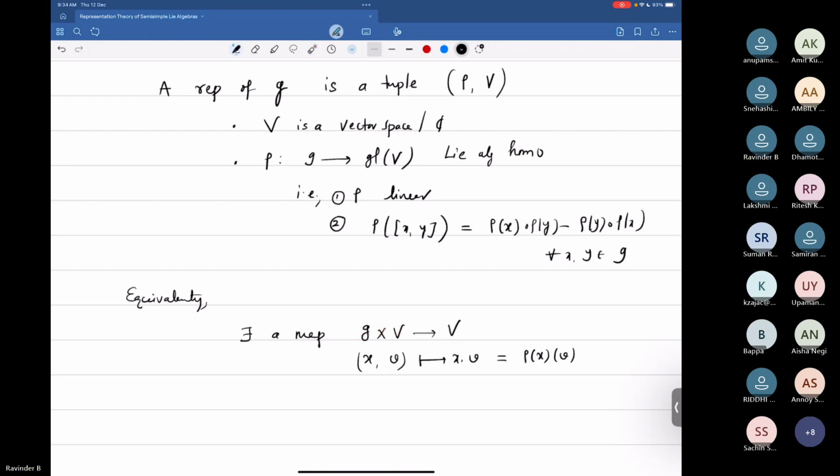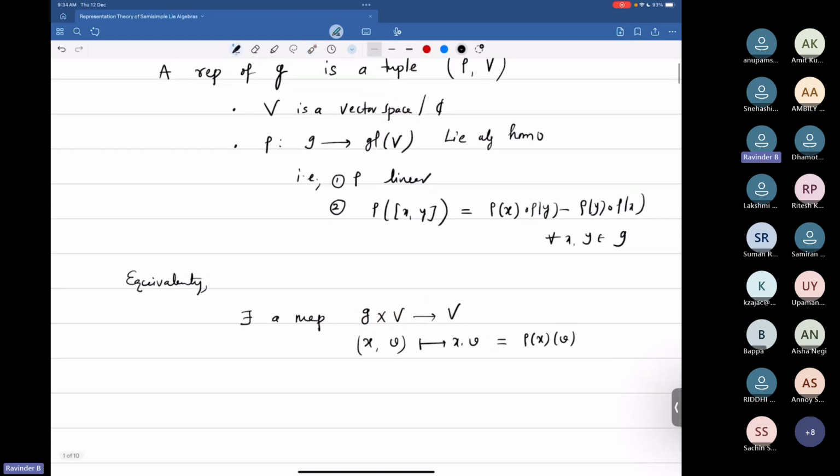The properties equivalent to the properties here are: you want rho to be linear. That means this map should be linear in the first coordinate. And rho of x is an element of GL(V).